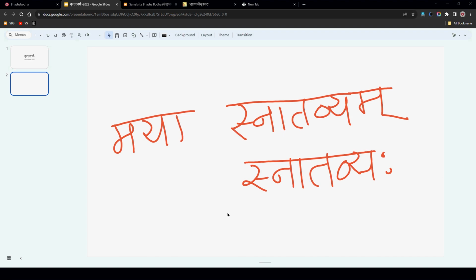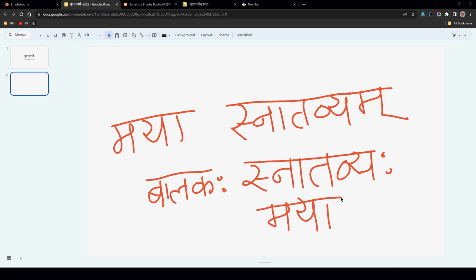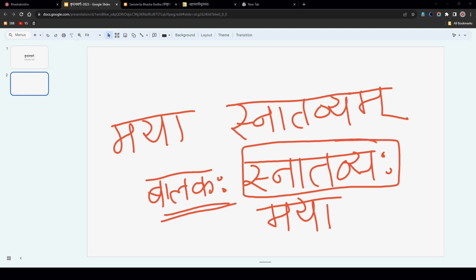Balaka snatavyah. The boy needs to be bathed by me. By me will become maya. Balakah snatavyah maya. Balika snatavya maya. This is snatavya being used as a visheshanam to whatever is being bathed. Balaka snatavya, balika snatavya, puttalika snatavya, etc.